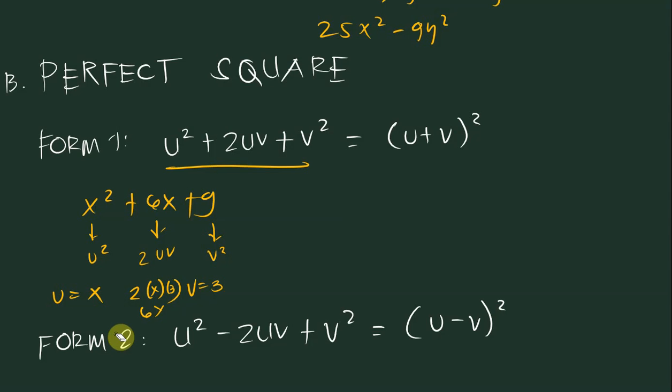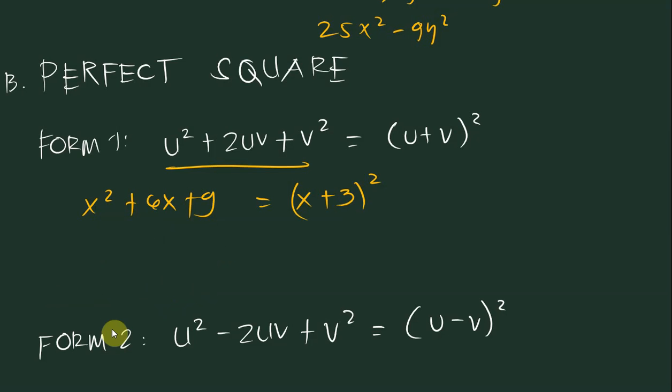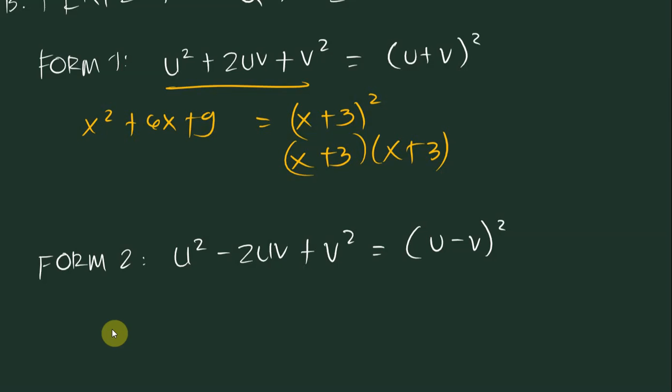So if you express it as a square of a binomial, you get x plus 3 squared. You can also write x plus 3 multiplied by x plus 3. So it's the same thing.